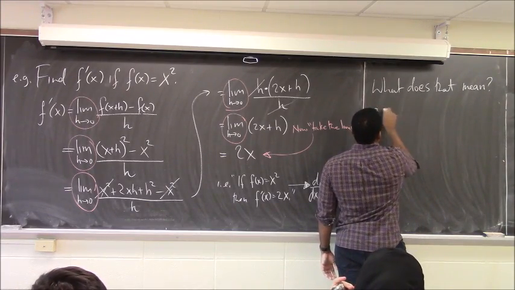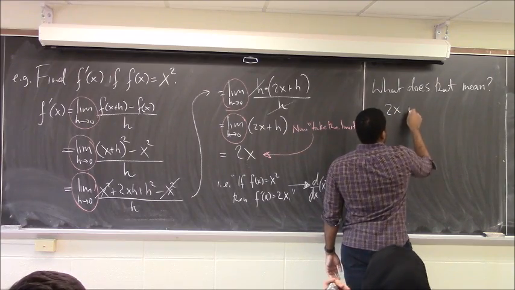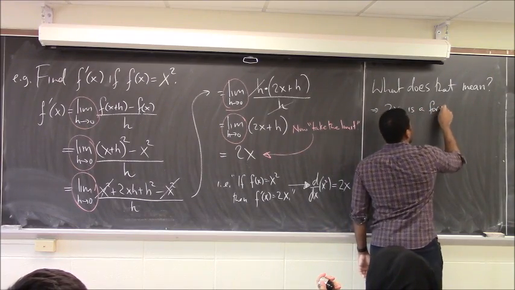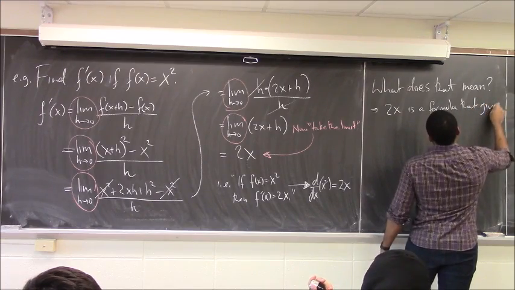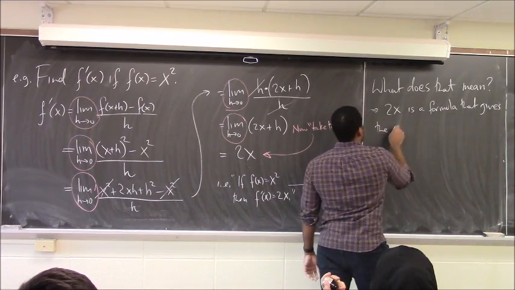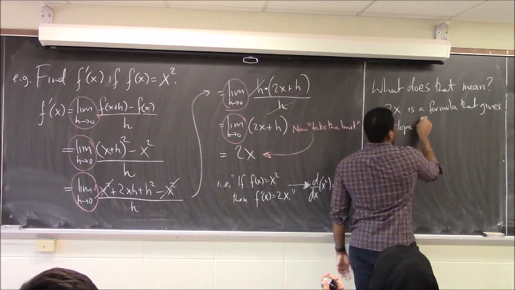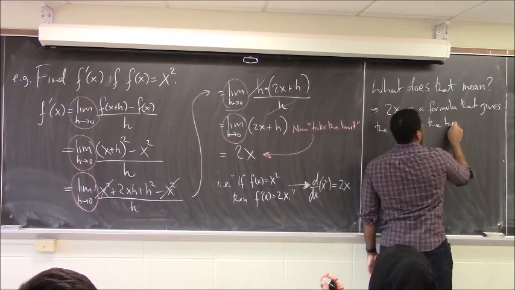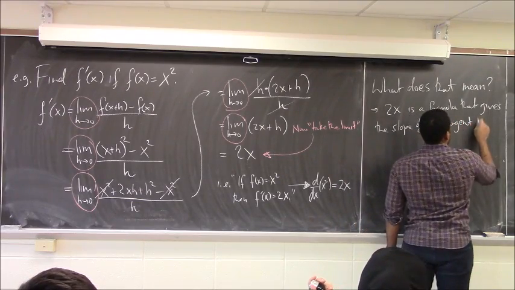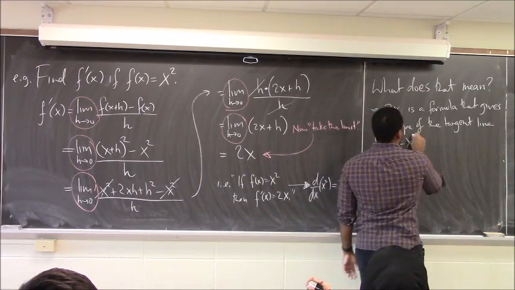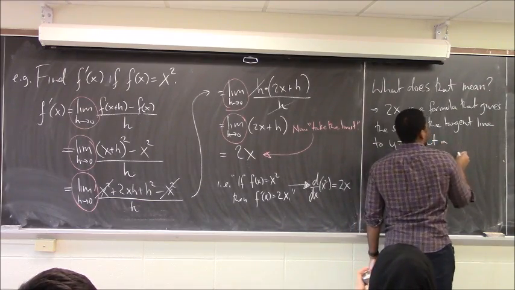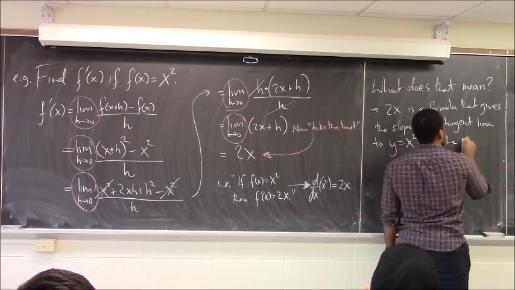This means 2x is a formula that gives the slope of the tangent line to y equals x squared at the point x.